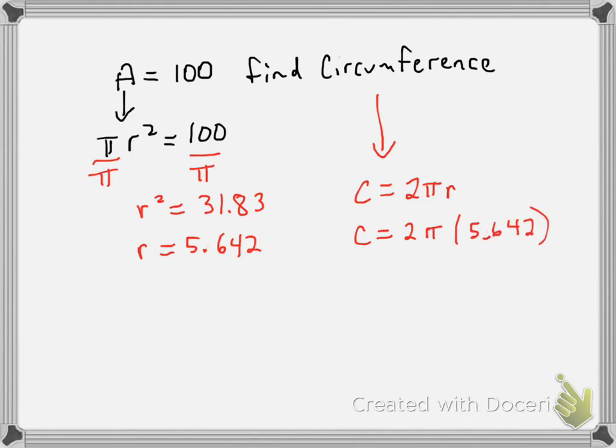So 2 times pi times 5.642 is 35.4497. So if you're rounding, usually they're rounding to the nearest tenth. 35.4.